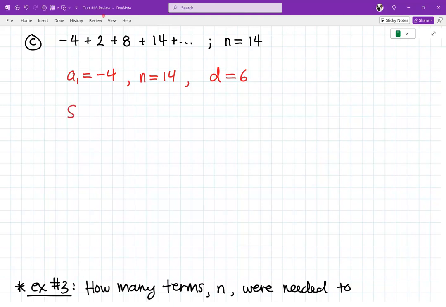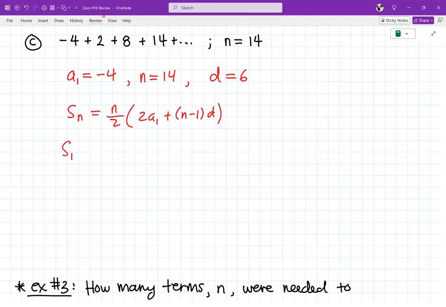So S sub 14, I'm sorry, let me write it down. S sub n is equal to n over 2 times twice a sub 1 plus n minus 1 times d. We're just going to use that formula.